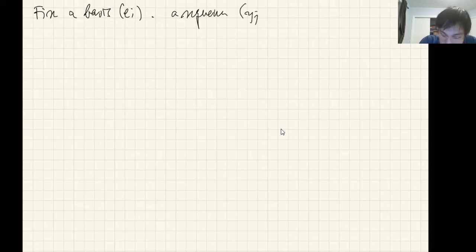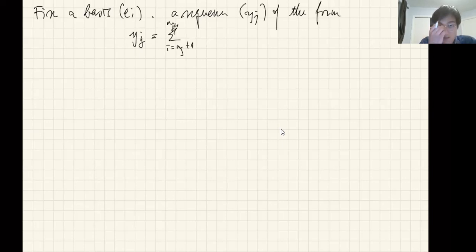So fix a basis e_i, a sequence y_j of the form. This is really annoying to write. y_j is equal to the sum from i equals n_j plus 1 up to n_{j+1} of a_i e_i, and these a_i are different for different j.